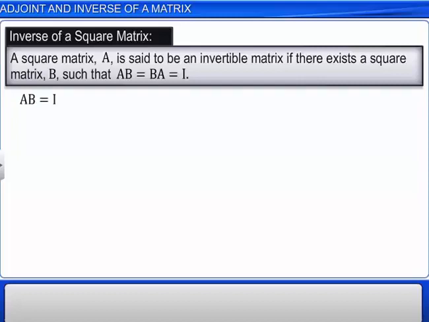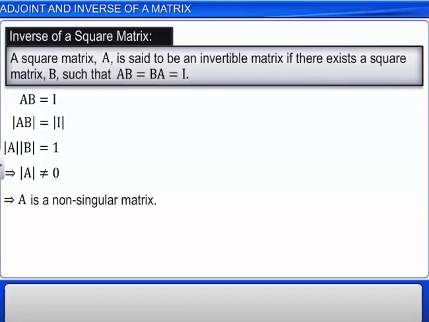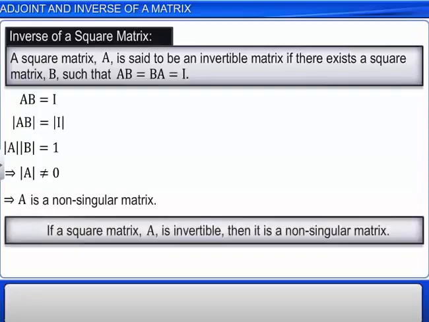This implies determinant of A into determinant of B is equal to determinant of an identity matrix, which is equal to 1. This implies determinant of A is not equal to 0, or A is a non-singular matrix. This leads us to a result that if a square matrix A is invertible, then it is a non-singular matrix.